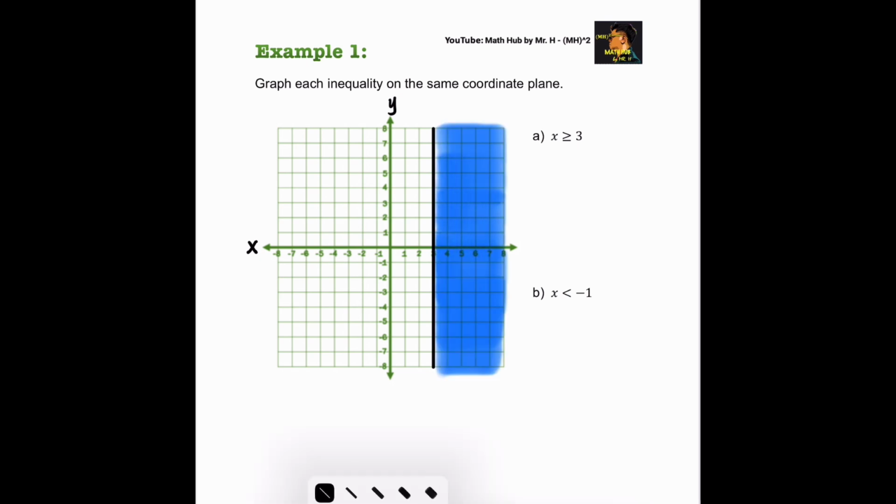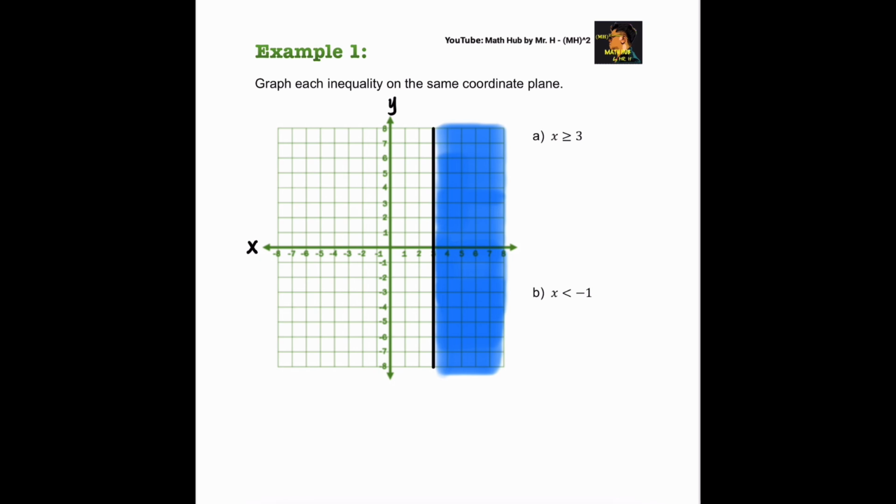So that is the region that needs to be shaded. Also, maybe some of you are wondering, all the points that lie on the shaded region, and also on this solid line, are part of the solution to the given inequality. All right, so you can pause the video and draw the graph for letter B.